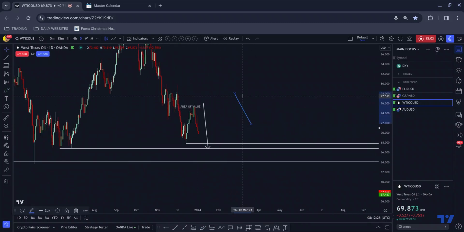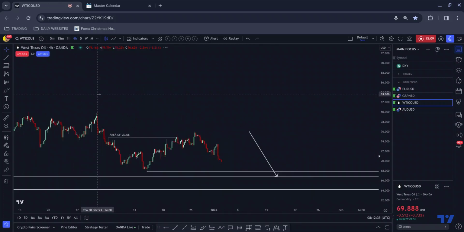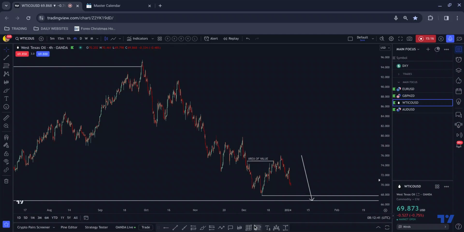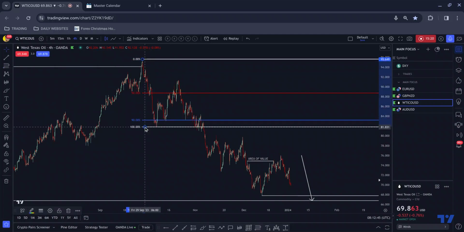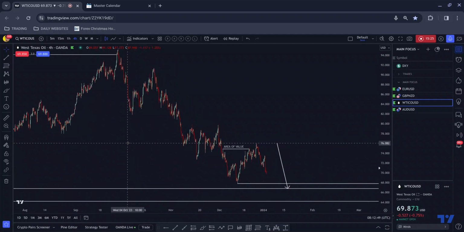We can separate the structures to some extent. If I just zoom in a little bit, you can separate these structures. In the sequence, we pull back here about 70% of the move. That's not as typical, so that makes this sequence slightly less reliable.